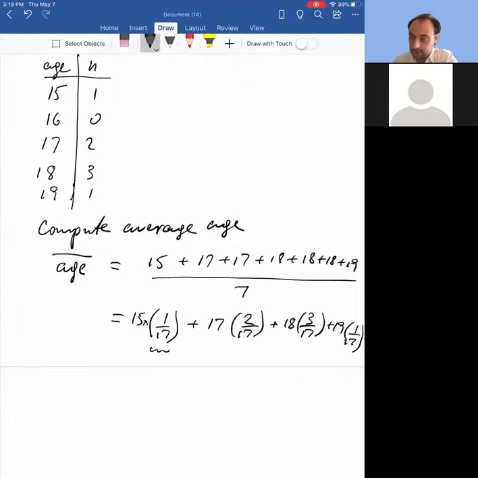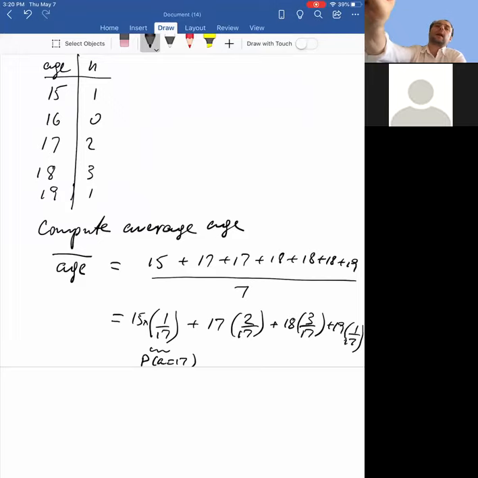And why is it useful to organize it like this? Well, 1 over 7 is the probability that age equals 15. In other words, if you walk into that room blindfolded, you grab the first person, you tap them on the shoulder. The probability that the person whom you tapped is aged 15 is 1 over 7.